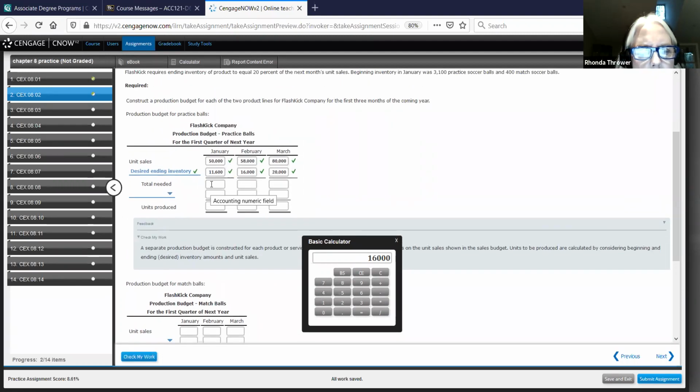And we're going to add these two together, and that looks like it's 61,600. And then we add these two together for March.